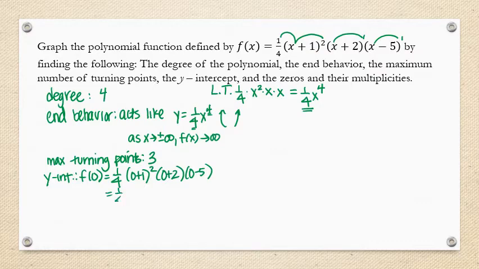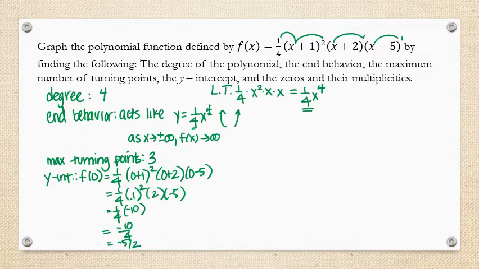Simplifying this, we get 1/4 times 1 squared times 2 times negative 5, which gives us 1/4 times 1, because 1 squared is 1, times 2, which is 2, times negative 5, which is negative 10, which becomes negative 10 over 4, which reduces to negative 5 over 2.